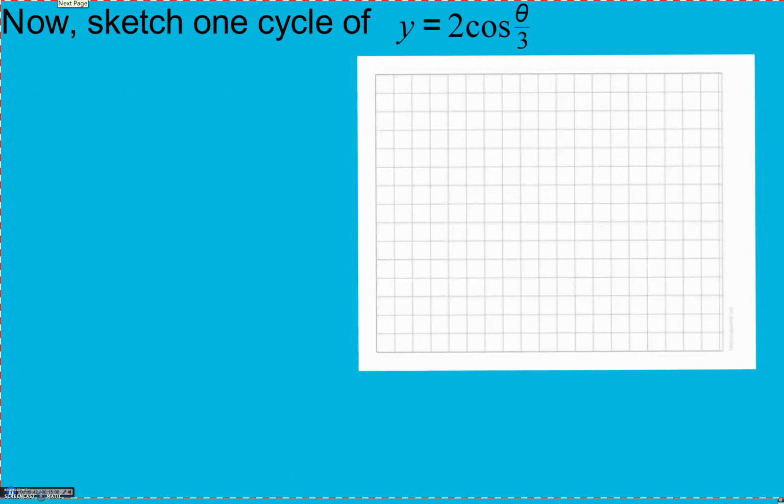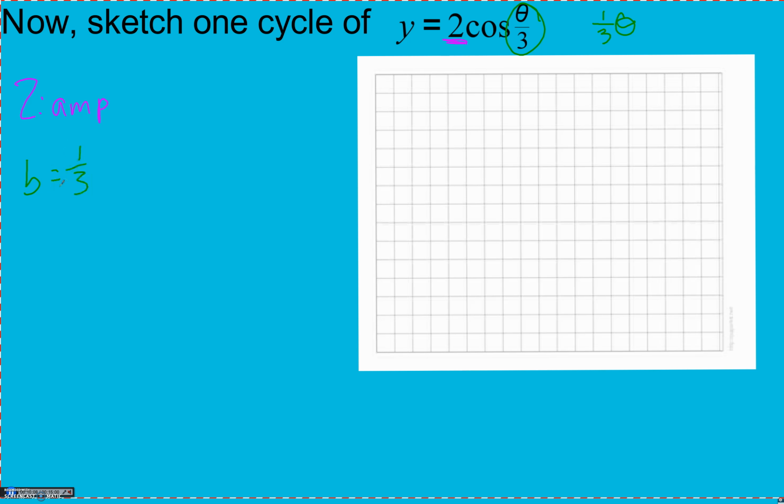Now, sketch one cycle of y equals 2 cosine of theta divided by 3. So our 2 is our amplitude. That's our stretch up and down, how far away from our midline. This right here, guys, we can rewrite as 1/3 theta, which means b equals 1/3.